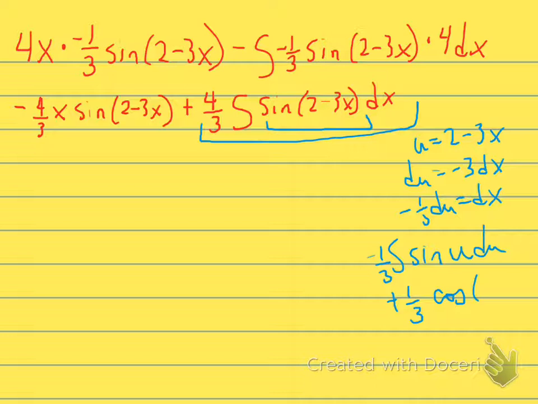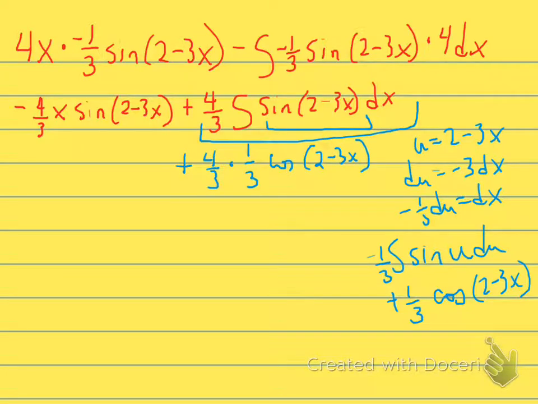Instead of u, I'm going to put 2 minus 3x. So I'm going to end up with plus 4/3 times 1/3 cosine of 2 minus 3x.